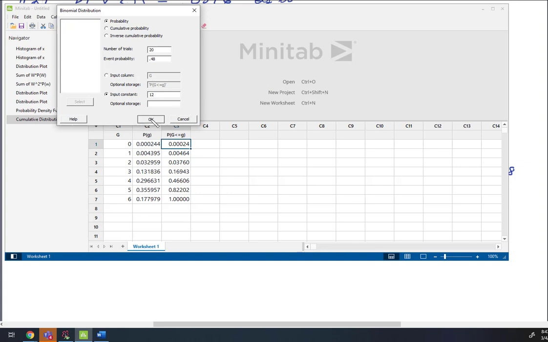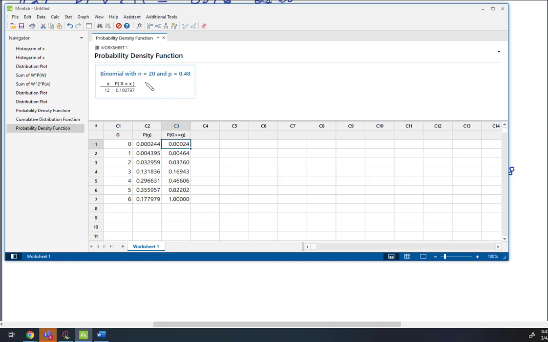So let's just say OK right now, and Minitab responds with that we're calculating a binomial with n equal to 20 and p equal to 0.48, and the probability that the random variable x is equal to 12. That probability is 0.0737. So I don't have to have the whole probability distribution if all I want is 1 point.